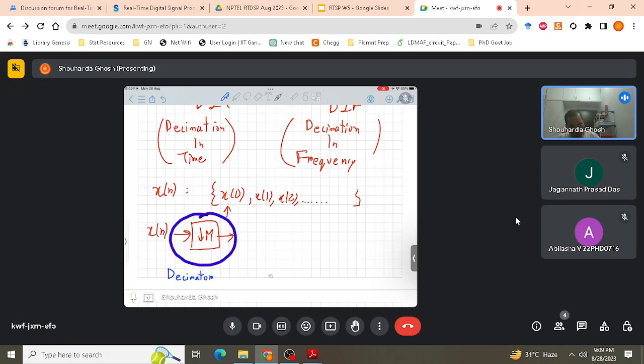And what does it do? Out of every m samples, x of 0 to x of m minus 1, out of this entire set of m samples, it keeps one sample, the first one, and rejects the rest. Okay, it does not let the others count. Similarly, the next block contains x of m to x of 2m minus 1. It will only take x of m and reject the rest of them.